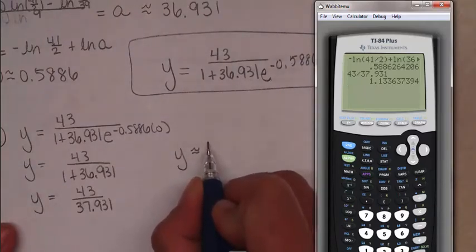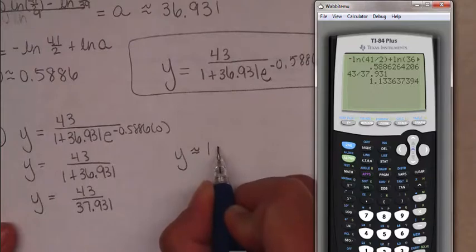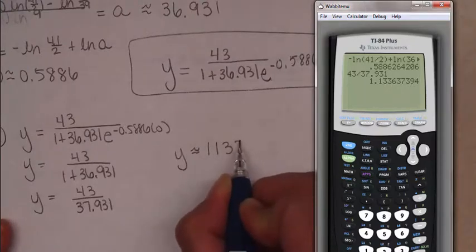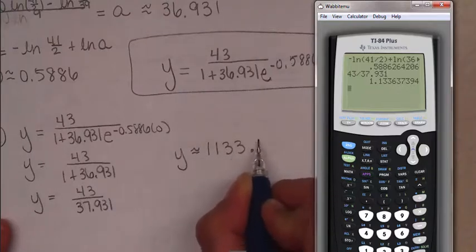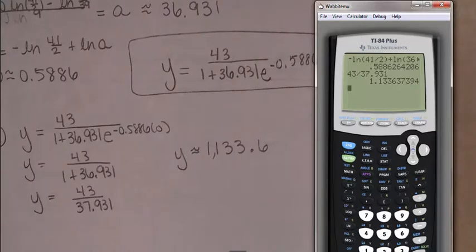So how many decimal places do I want to go? Thousands of people, so 1,133.6.